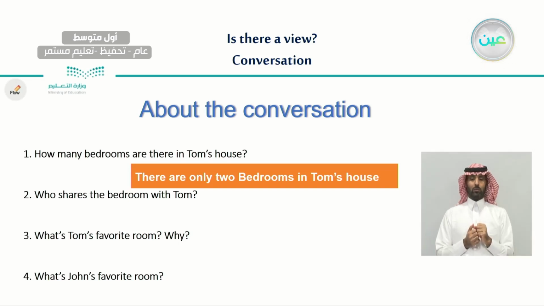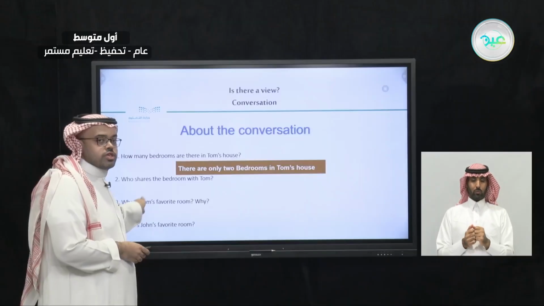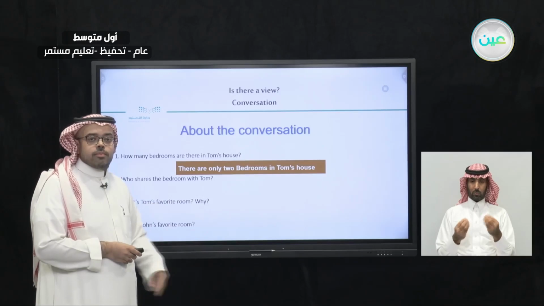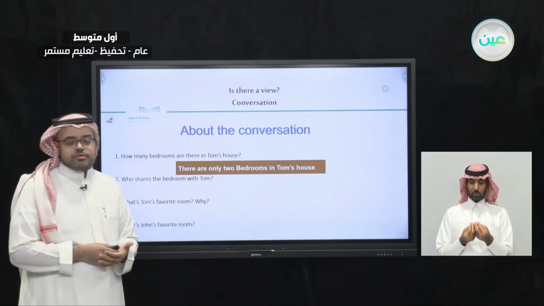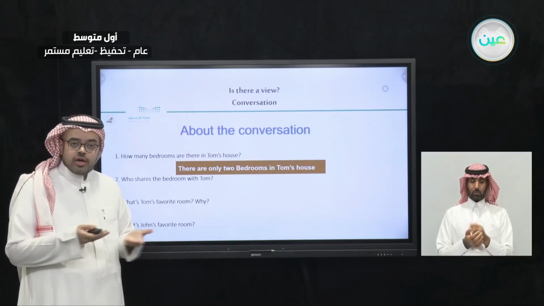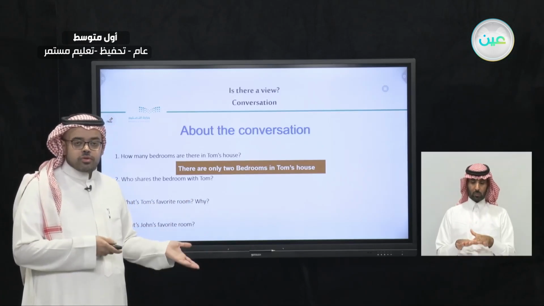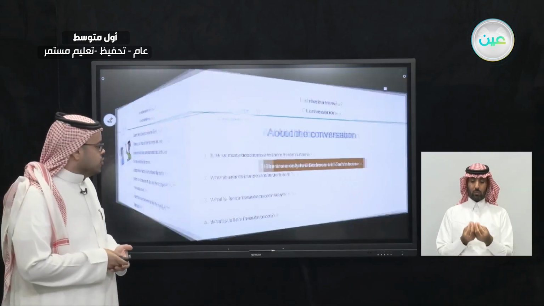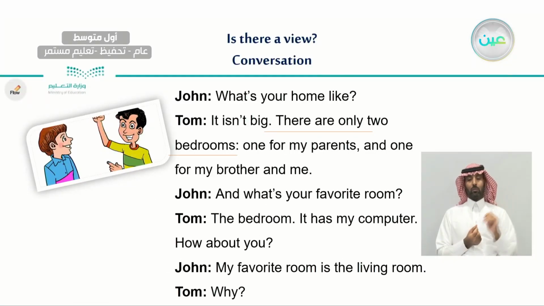Now let's move on to the second question. Who shares the bedroom with Tom? So let's go back to the conversation and see who shares the bedroom with Tom. Tom says, I have 2 bedrooms, one for my parents and one for my brother and me.